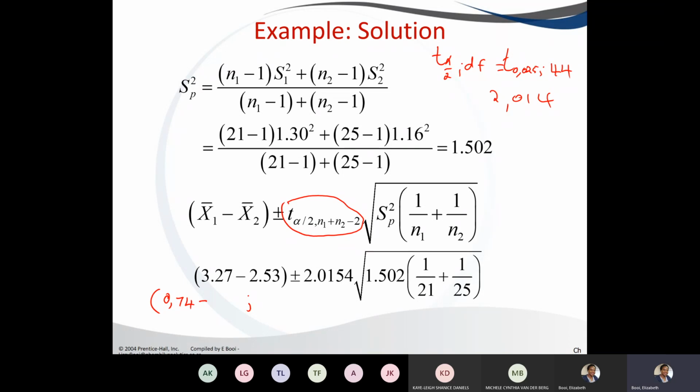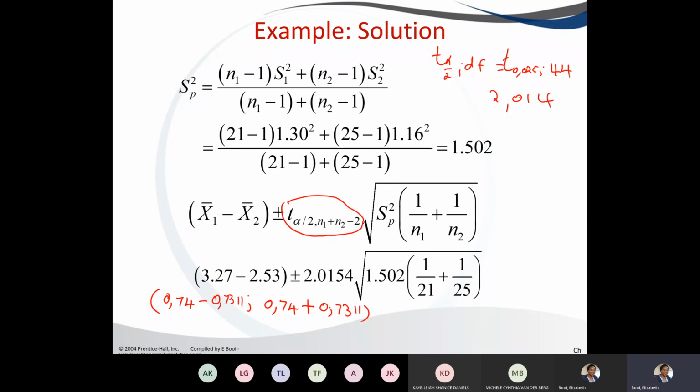equals 0.36, multiply that with 2.0154 equals, and the answer this side is, I might be doing wrong things here, 0.7311. And on the other side, we do the same, 0.74 plus 0.7311.